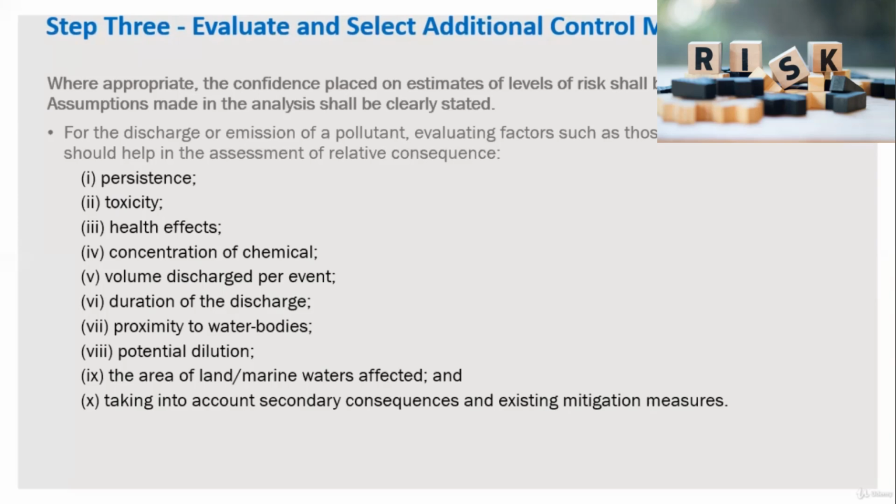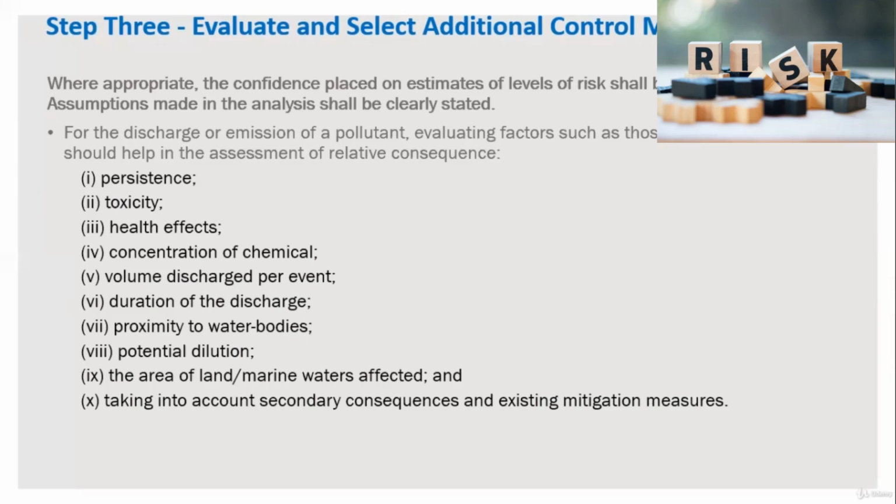For discharge or emission of a pollutant, evaluating factors such as those listed below should help in assessment of relative consequence. Persistence, toxicity, health effect, concentration of chemical. Suppose it is liquefied or more water is put in it, it is getting diluted, right? So the risk consequence will reduce.